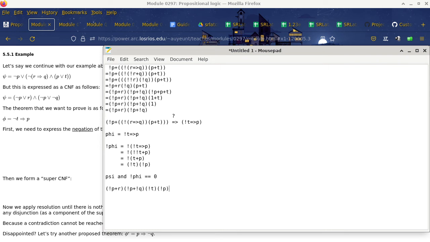So this is where we apply resolution. The way we look at this is we ask, between the terms in the conjunction, can we find a variable that is not negated in one and the same variable is negated on the other side? As it turns out, we are at a dead end already.